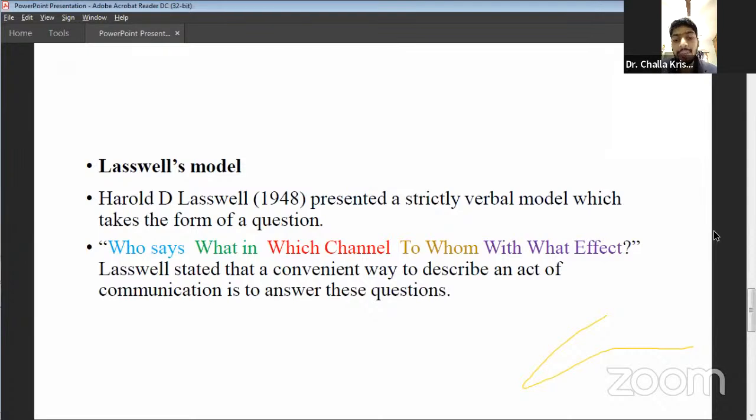Similarly, reading skills: skimming, scanning, intensive reading, extensive reading, critical reading. And writing skills: writing content, writing an email, writing a resume, writing a script. There are a lot of writings that we do on a day-to-day basis.